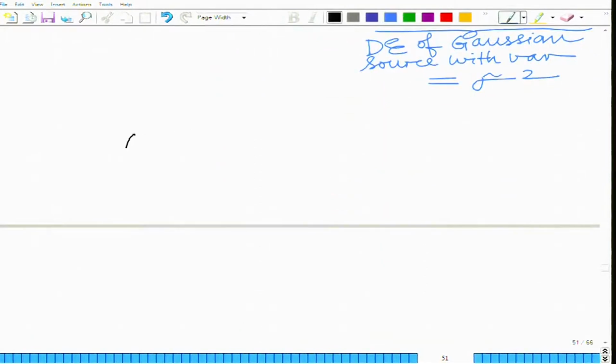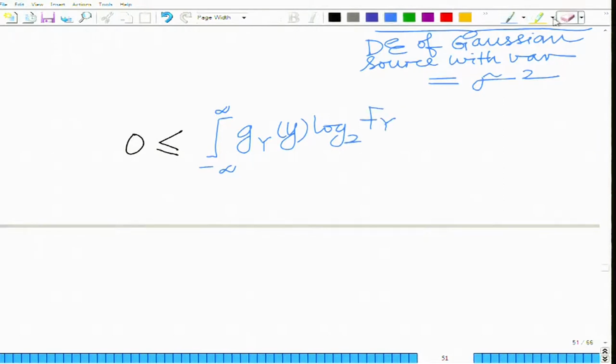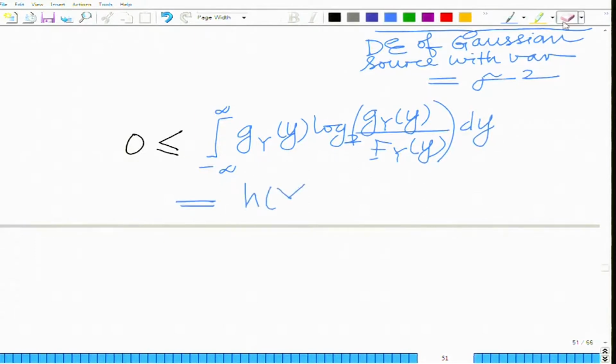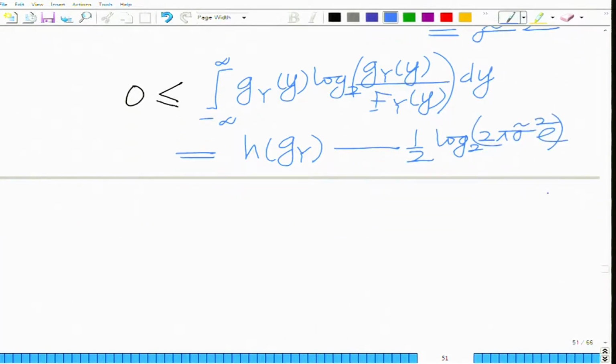If you do a recap, we have 0 less than or equal to the Kullback-Leibler divergence, which is equal to h of g_Y, that is the differential entropy of Y corresponding to the arbitrary probability density function g_Y, minus half log to the base 2 of 2 pi sigma tilde square e.